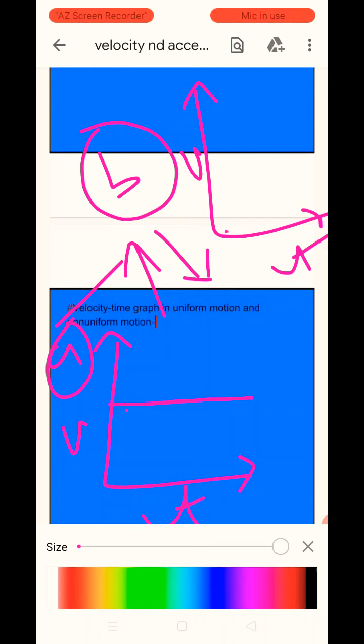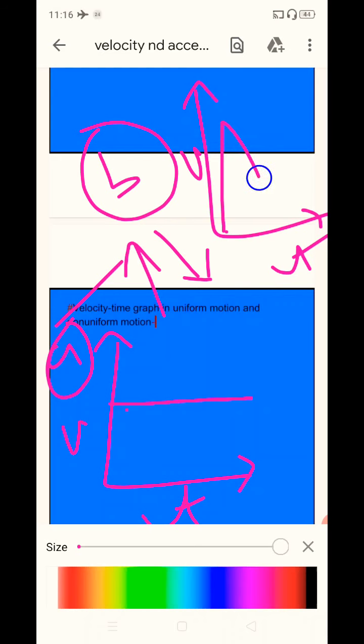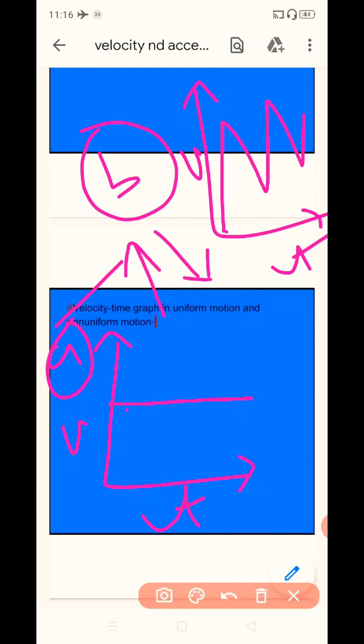So the graph of velocity and time is like this. Clear? The velocity increases, then decreases, then increases, and then decreases. Clear? It is the graph of velocity time in uniform motion and non-uniform motion.